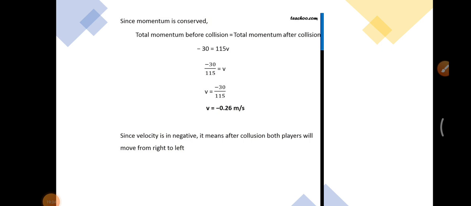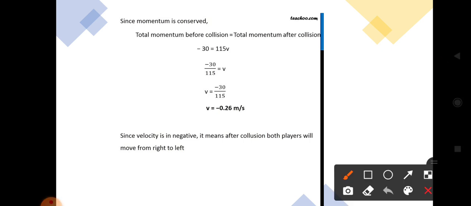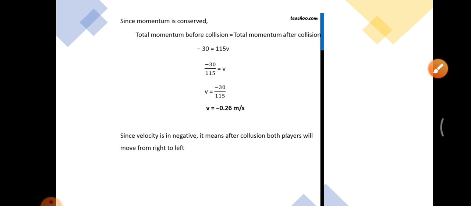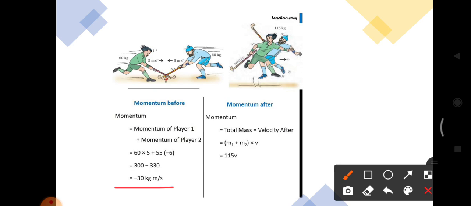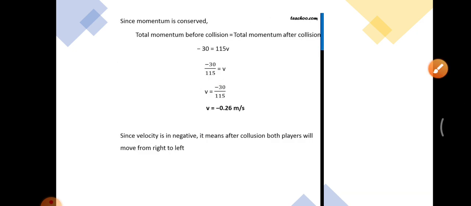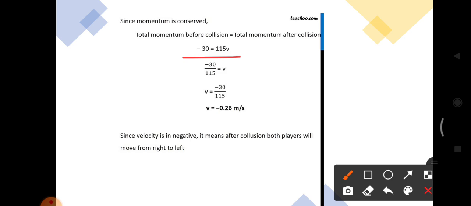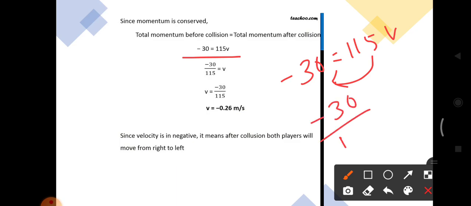Since momentum is conserved, the total momentum before collision equals the total momentum after collision. Total momentum before collision is minus 30 kilogram meter per second, and after is 115 v. So minus 30 equals 115 v. Transposing 115 to the left hand side, minus 30 by 115 equals v.